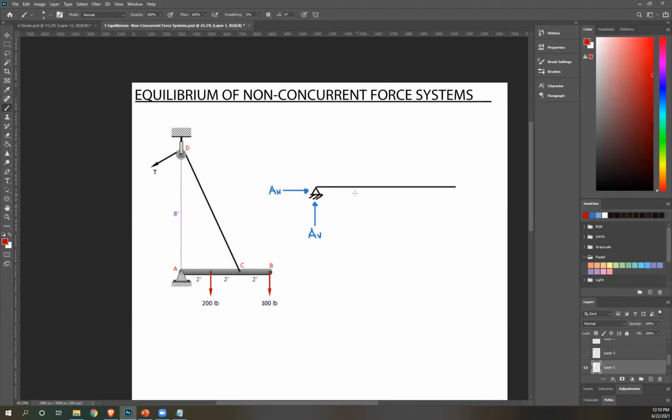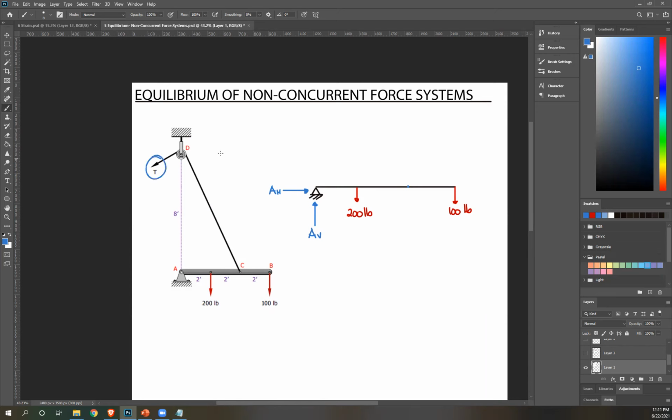Okay? And then we have external forces here. 200 pounds. And then we have another one here, 100 pounds. And then, okay, at this point C, there's a cable. Now remember, whenever you have a pulley, the force on one end of the cable is the same as the force on the other.